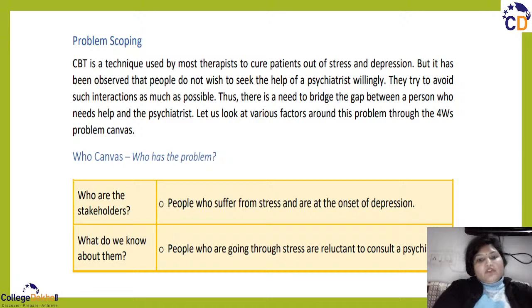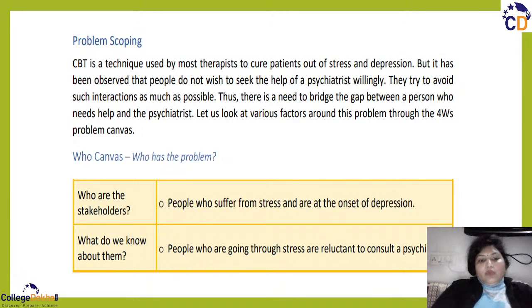People who suffer from stress and are on the onset of depression are the stakeholders, or you may say the users of that model, or the developers also. So everybody who is going to be involved in building that model, even the users, even the developers, we call them stakeholders.